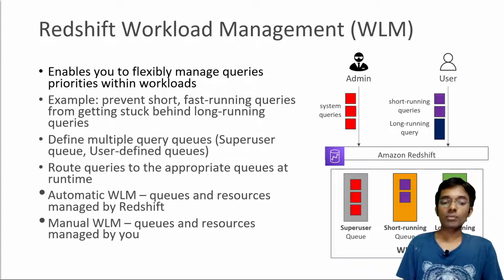And so we have two kinds of users. We have our admin and our user. The admin wants their queries to be done as soon as possible, right? So they will do system queries, and these queries will go directly into the super user queue, and this will have the priority. The user may have some short-running queries, and these we want in the short-running query queue.